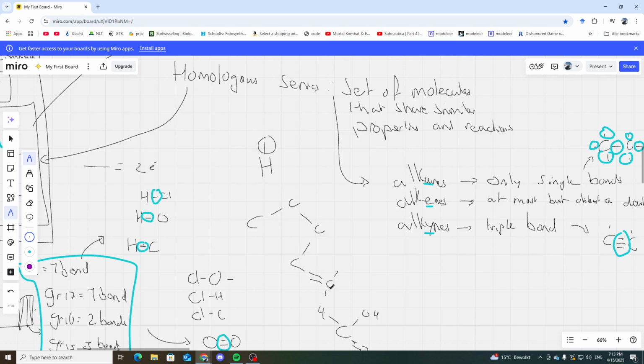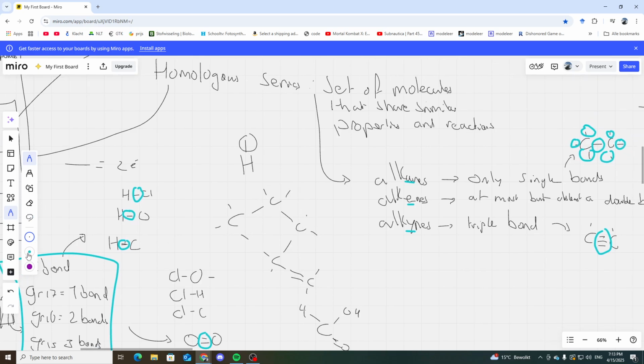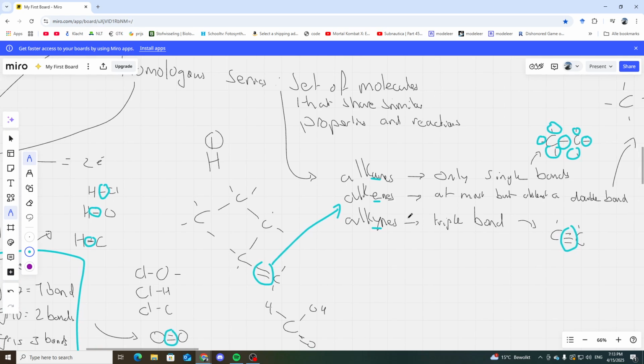Is this an alkane, alkyne, or alkene? This has a double bond at most, so we have an alkene. Okay, so the alkene is over here because it has a double bond.